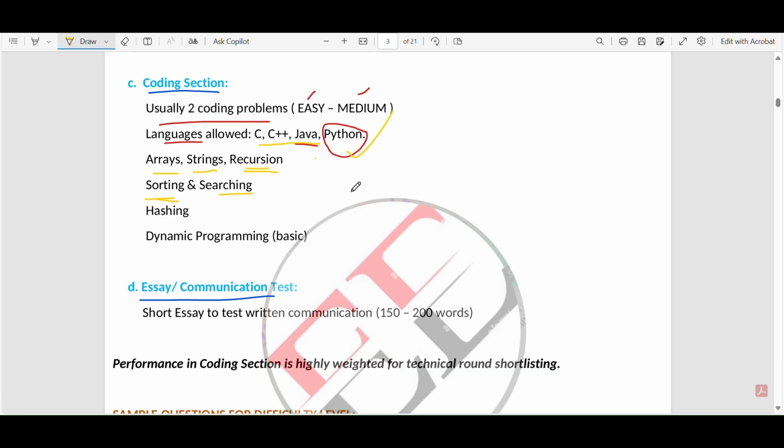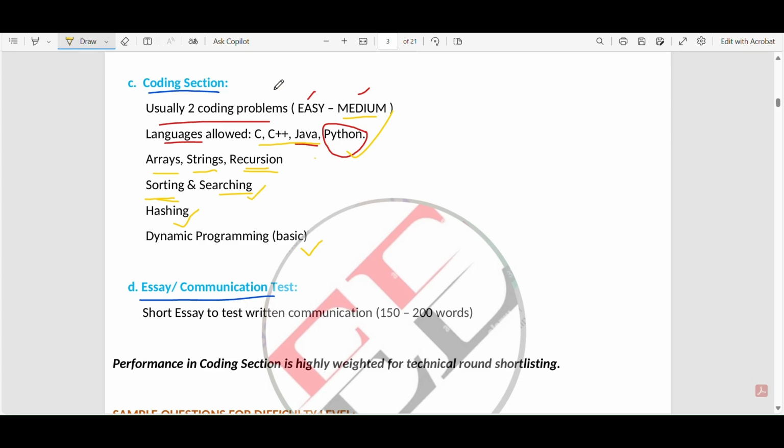So in searching we have linear search, binary search, and hashing. Basic dynamic programming is also allowed, but you have to learn it till medium, because if the second question is medium, you will get a problem and may not solve it.